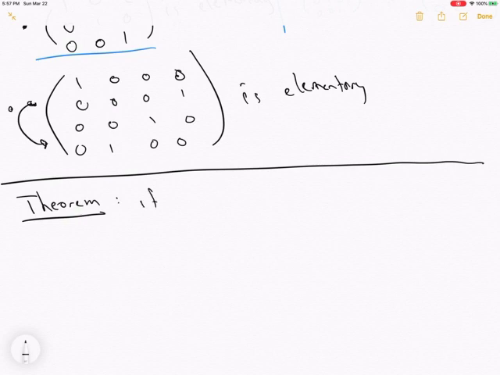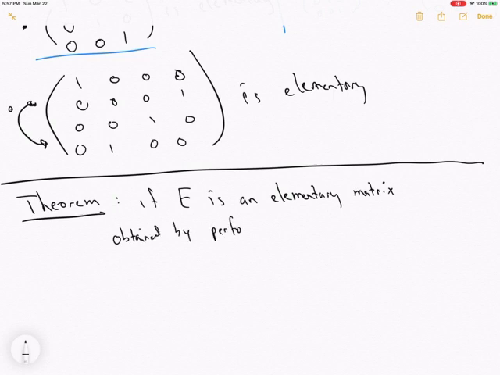So if E is an elementary matrix obtained by performing a certain row operation, let's just fix a dimension.